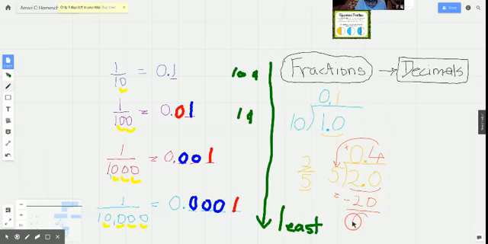That's right. So we have no remainder. We can stop right there. This is what they call a terminating decimal. So now we can see that 2/5, the fraction 2/5, is equal to 0.4.